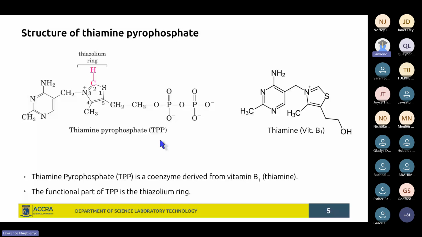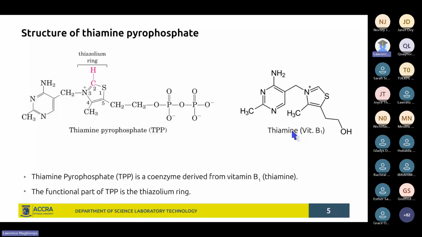So we take the first one coming from vitamin B1, which is thiamine pyrophosphate. Now in biochemistry, when you see pyrophosphate, it is the same as diphosphate, meaning two phosphate groups. So this is vitamin B1. On the right-hand side, you see vitamin B1, that's thiamine.